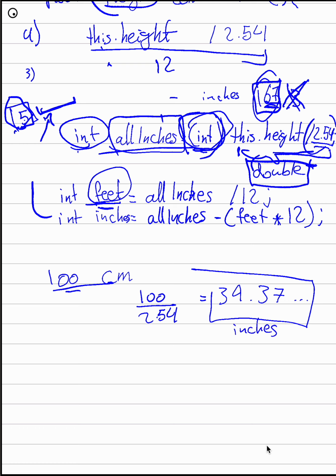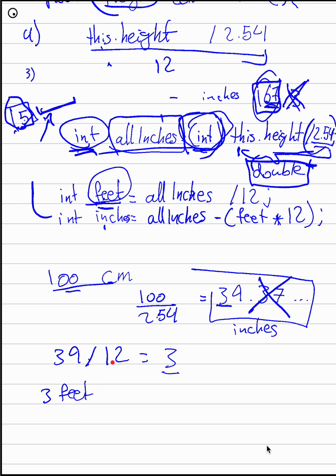Okay? Now you're trying to see, okay, how many feet and inches are you? So then you divide 39. You drop this because it's an int, right? You divide 39 by 12. You get 3. So you know for sure you're 3 feet tall. But if you just leave it at that, 3 feet tall means you're only 36 inches, right?